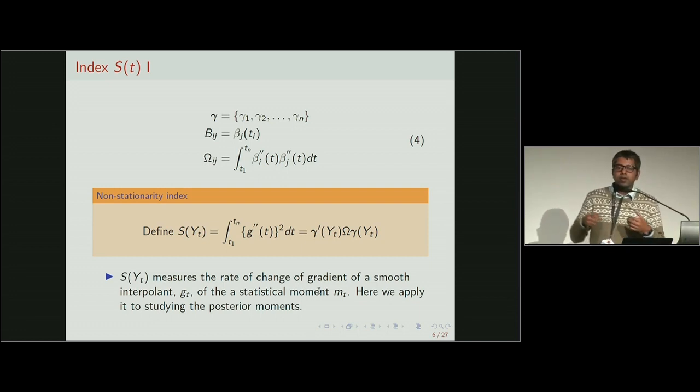So in this sense, SYT, or this penalty factor, is measuring the rate of change of gradient of this particular statistical moment in any finite window of time. And in this sense, I'm saying that this measures the second order non-stationarity of the process with respect to this particular statistical moment. But this is not restricted to either the model or the particular statistical moment.